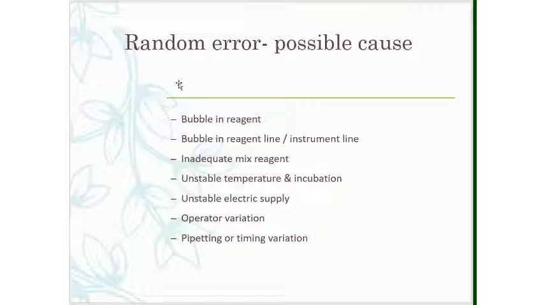So for random error, what are the possible causes? It can be caused by bubbles in the reagent line or instrument line, inadequately mixed reagent, unstable temperature, and many others. I hope that you can read it by yourself.